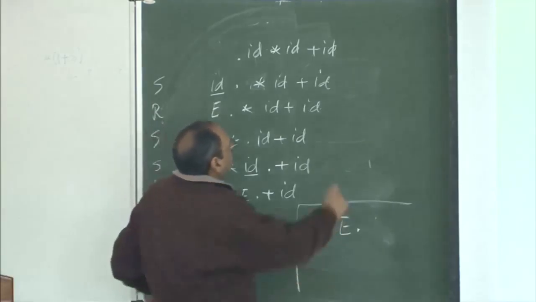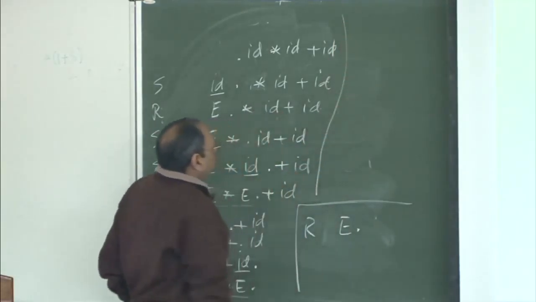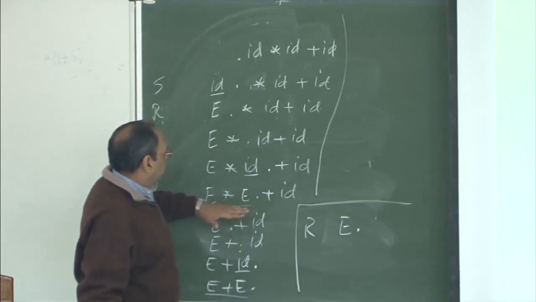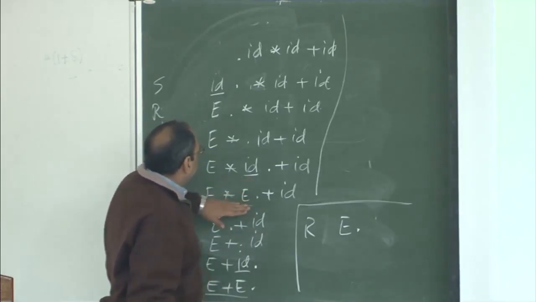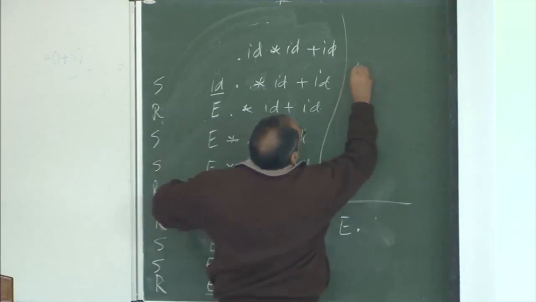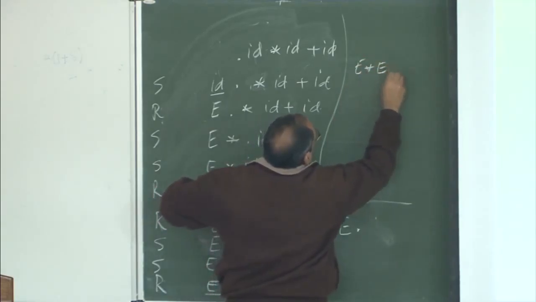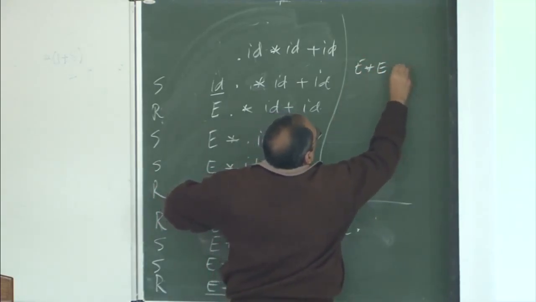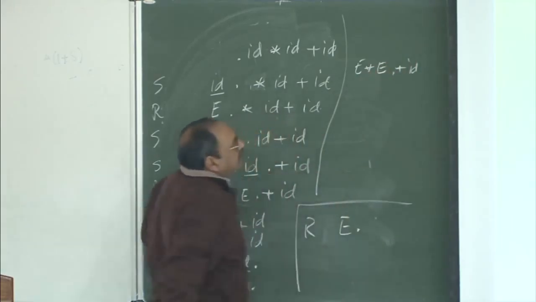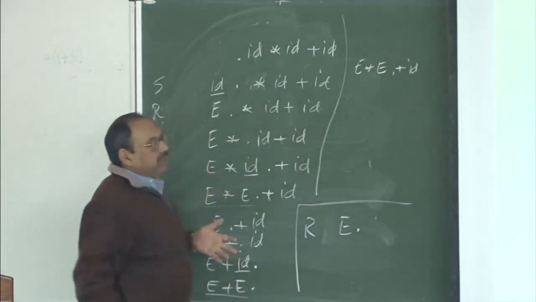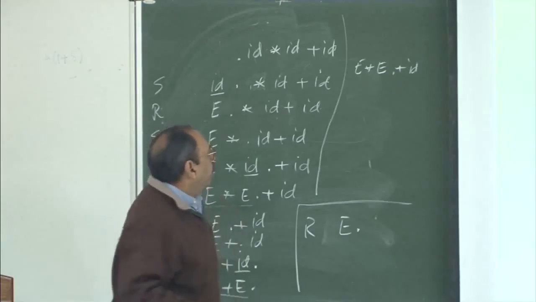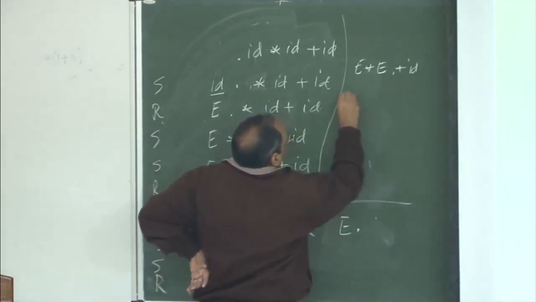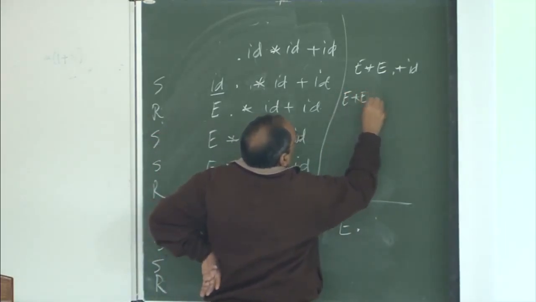So let's try that. What was the second alternative? Let me say that I am in this state, which is E star E dot plus ID, and rather than doing a reduction, I do a shift. So if I do a shift, what will happen? I will get something like this.